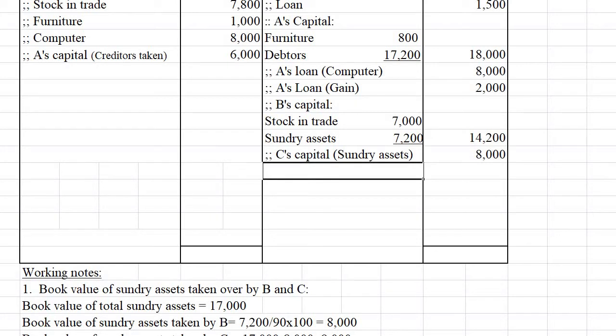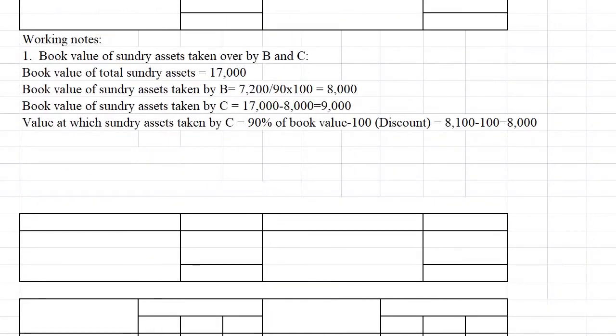Okay. Now debtors, the sum of the debtors taken over by A along with the furniture, that here we have written 17,200. Then here it says that remaining debtors were sold. So we have to see the remaining debtors, how it is calculated and sold. Total value of debtors we had 26,200. Out of that, how much is taken over by A?